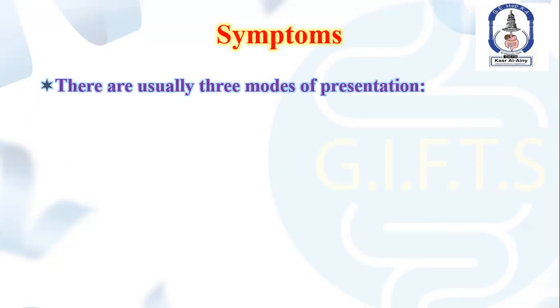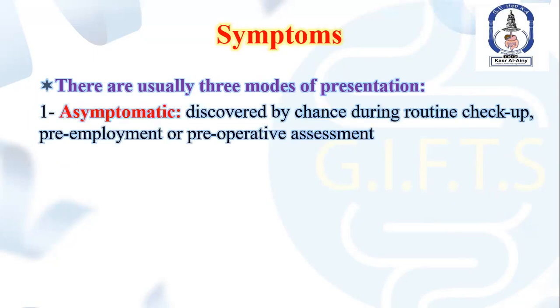What are the symptoms of liver cirrhosis? Now we know the liver functions and we will start to know what's going to happen. Unfortunately, the presentation goes through one of three forms. The first and the most common form, unfortunately, is asymptomatic, discovered by chance during a routine checkup, pre-employment, or pre-operative assessment.